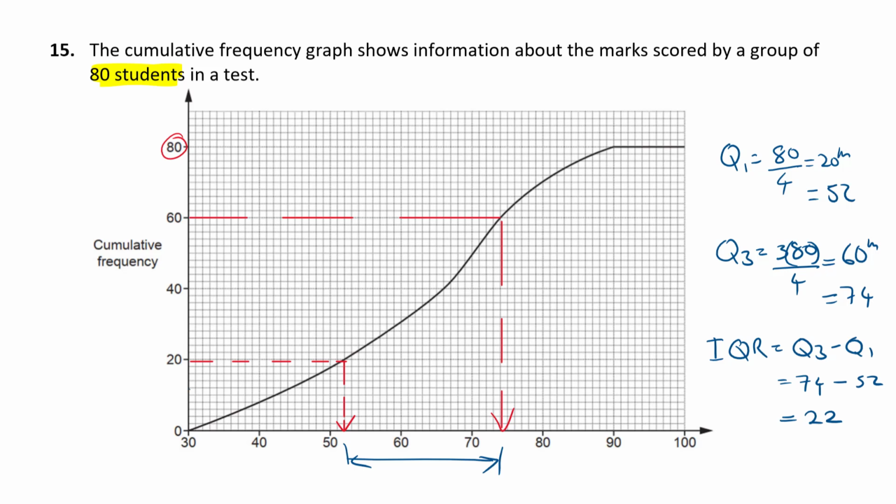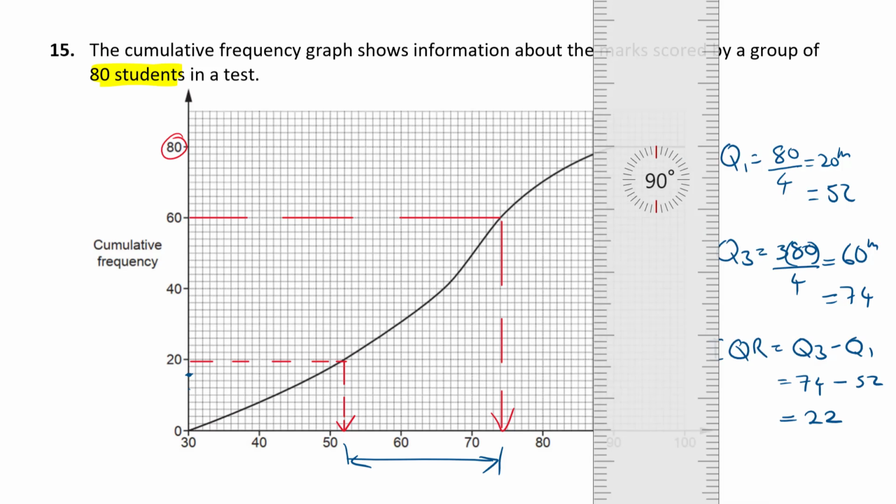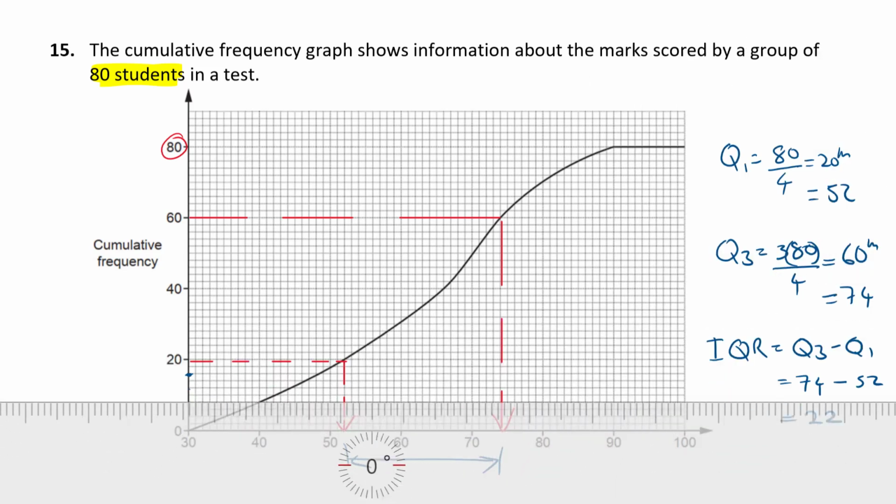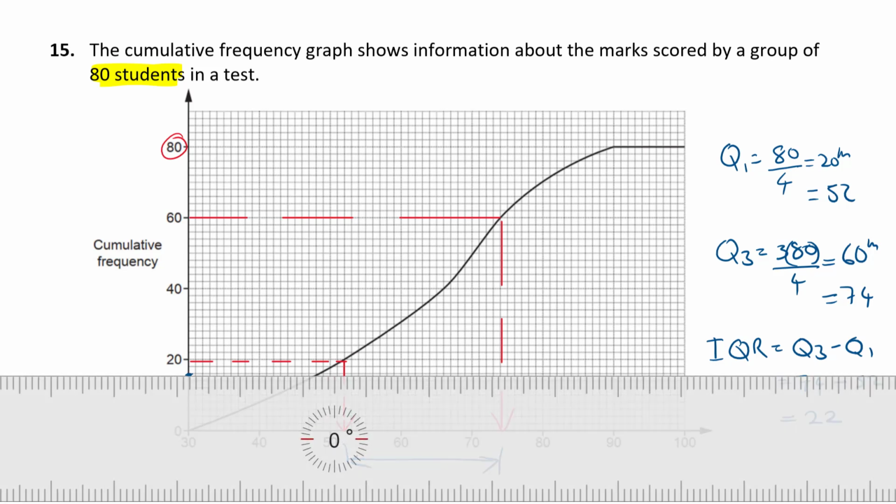There are 10 divisions between 0 and 20. So 16 is going to be 2 units down from 20, so it's going to be there. So I'm going to use my ruler to read across from 16 and then down, and then I can find the mark which the 16th person got, and therefore I know what they need to get in order to pass.